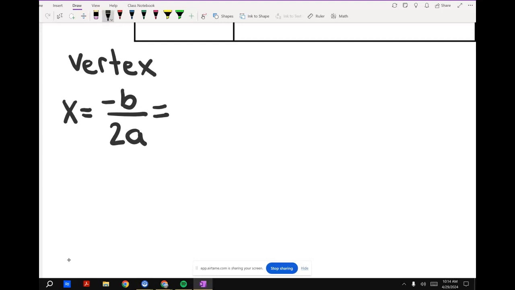We focused a lot on Thursday about being conscious of using parentheses when we're plugging things in. So when I plug this in, it's going to be a negative from this negative. And now I'm plugging in b. My b was a positive 2. Then I'm taking 2 times my a term, which was 1, so I'm plugging in 1.